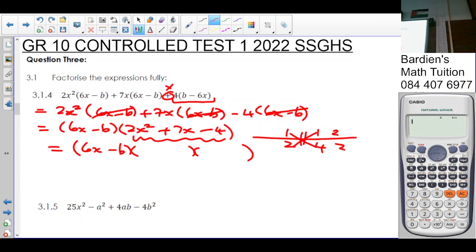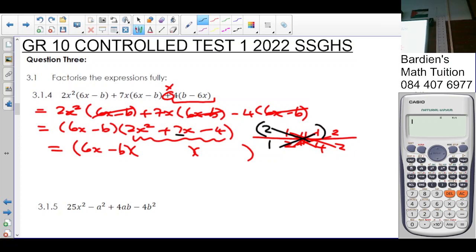I'm looking for 7. 2 times 2 is 4. 1 times 2 is 2. 4 minus 2 is 2. Not going to work for us. So what do we do? Swap 2 and 1. 2 times 4 is 8. 1 times 1 is 1. 8 minus 1 is 7.